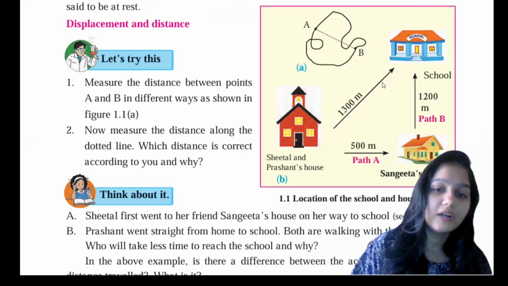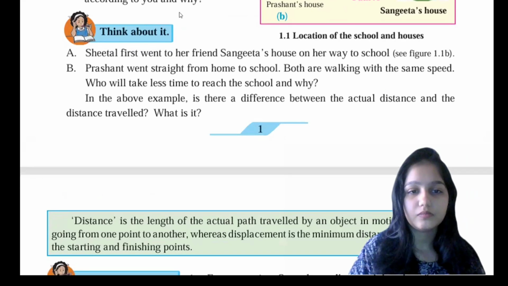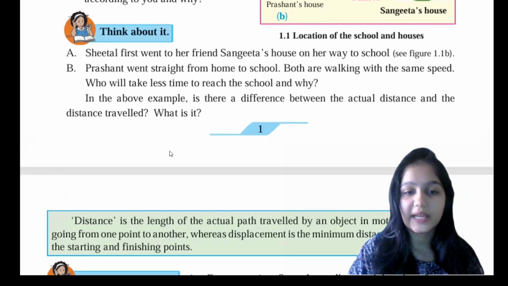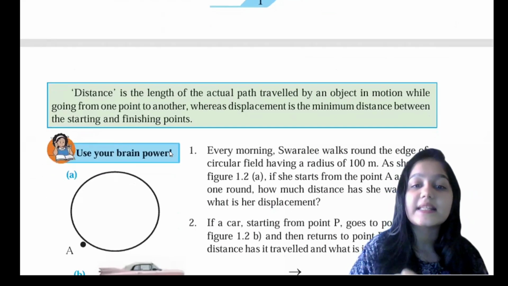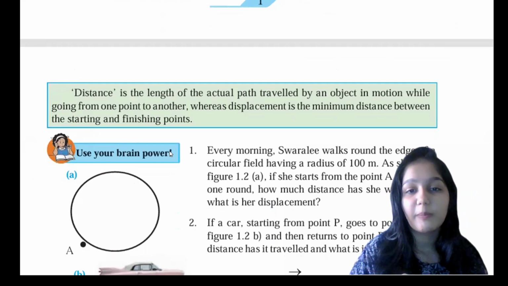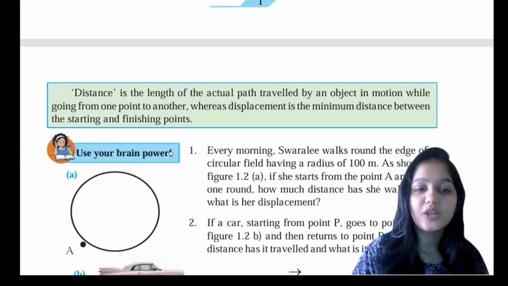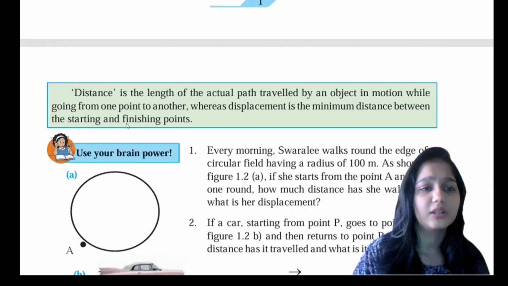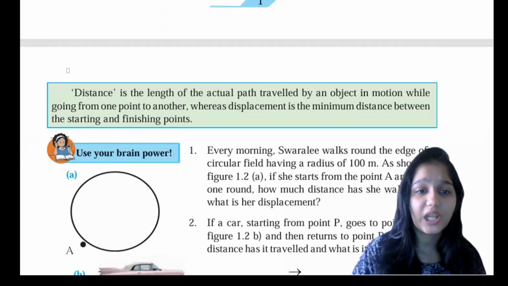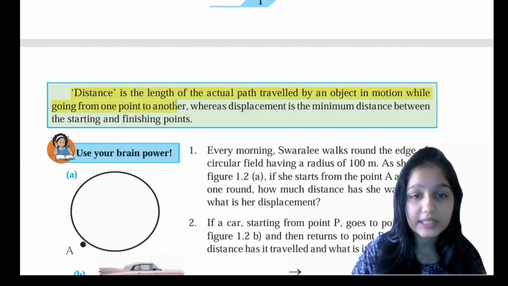Okay, now we'll learn about it. This is all the description that they have given. Distance is the length of the actual path traveled by the object in motion while going from one point to another. Very, very, very important, very crucial. Can you please underline this?